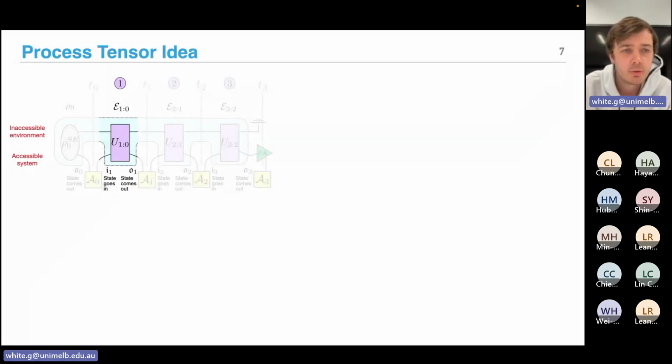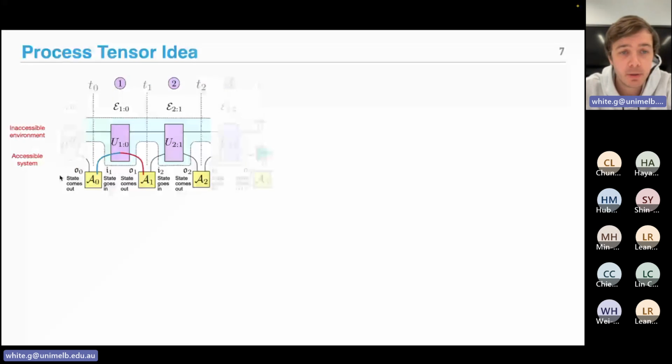Now, imagine that you zoomed in just on a single one of these steps. Then this is exactly described by a quantum channel, so a dynamical map taking you from one time to the next. You can feed a state in to this channel and then get a state out at the next time, which depends both on the state that came in and on whatever these reduced dynamics are.